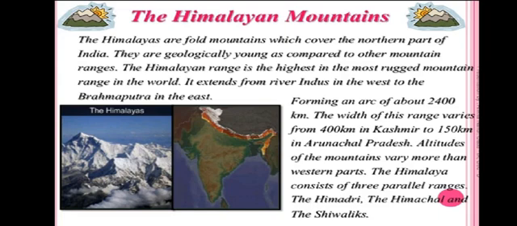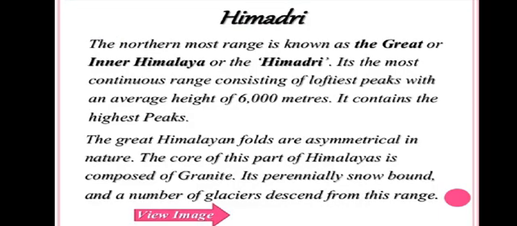The Himalaya consists of 3 parallel ranges. One is Himadri, second one is Himachal, and third one is Shivalik. Let us first of all talk about Himadri. Himadri are also called Great or Inner Himalayas. It is the most continuous range.